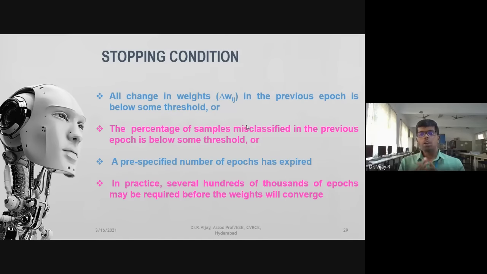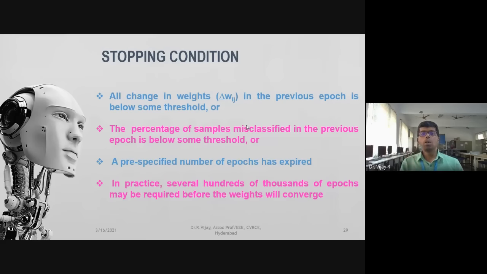Say for example, you program your robot to walk for 1 kilometer. Once your robot reaches that 1 kilometer, it has to stop because you programmed it like that. You have to give some stopping condition, or otherwise your robot will keep on walking even 100 kilometers. So you have to give some limit so that your robot is stopped.